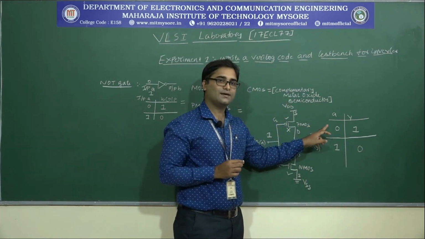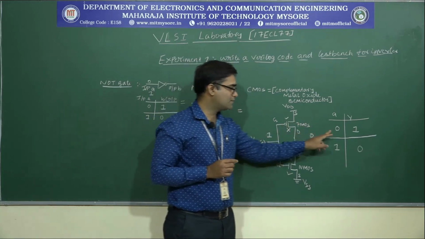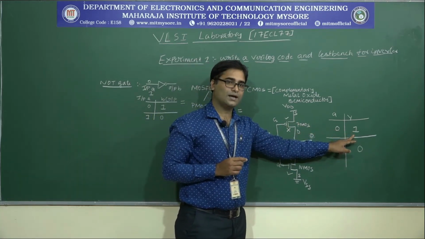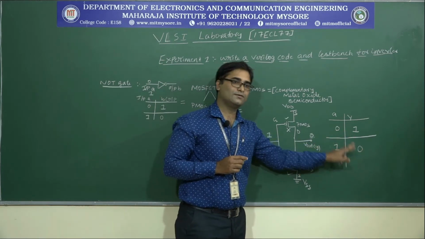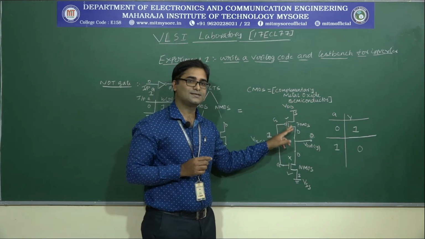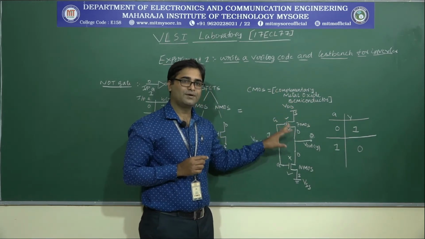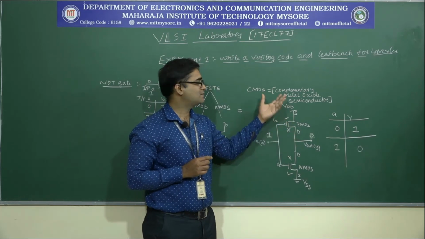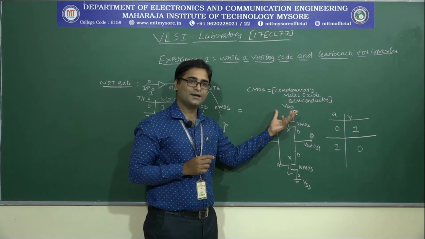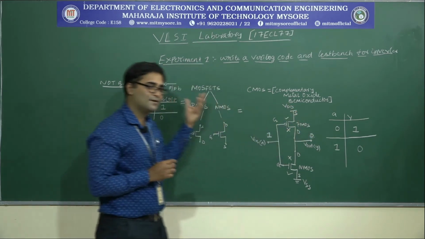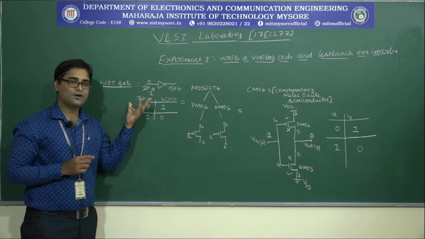So you can see from the truth table, when we provide input of 0, the output is 1, and with input of 1, the output is 0, which is done by using the combination of PMOS and NMOS transistors, called a complementary metal oxide semiconductor, and which is defined by the NOT gate operation.